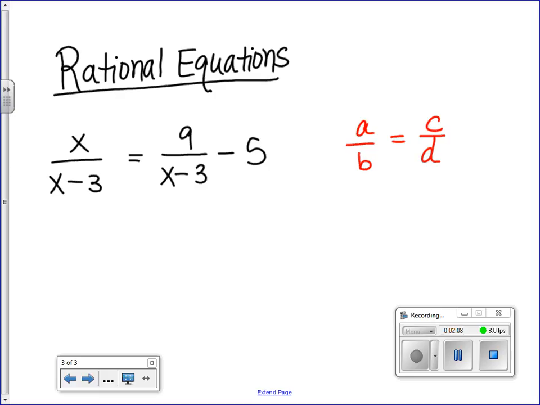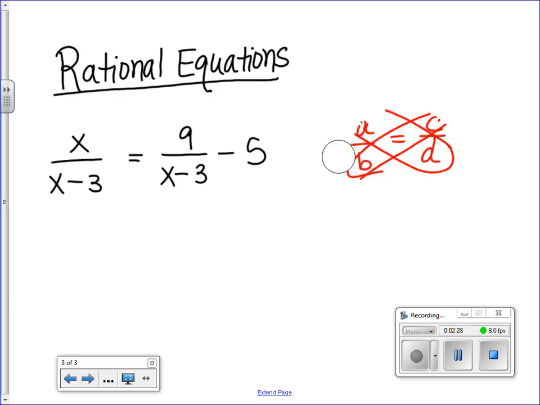What do we know about solving two equal ratios? What do we know about their cross products? They're equal, right? Cross products are equal. So if you can get it to look like that, that's fantastic. You could cross multiply and you have no more fractions.